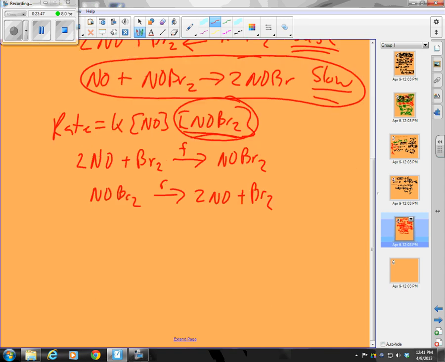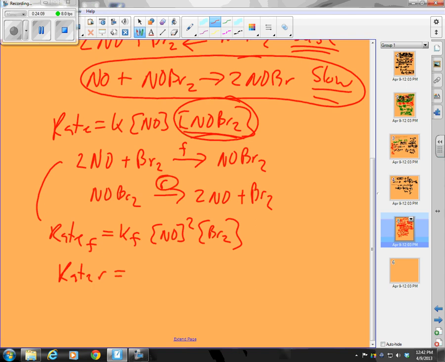Now I'm going to write the rates based upon the coefficients. For this one, the rate, and we'll call that forward, is equal to Kf times concentration of NO squared times concentration of Br2. And then the rate of the reverse is equal to Kr times concentration of NOBr2. Since it's at equilibrium, what do we know about the rates? They are equal.